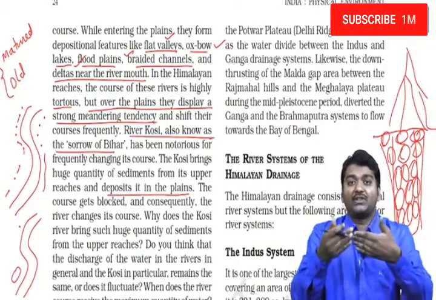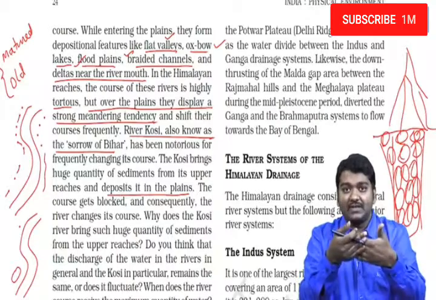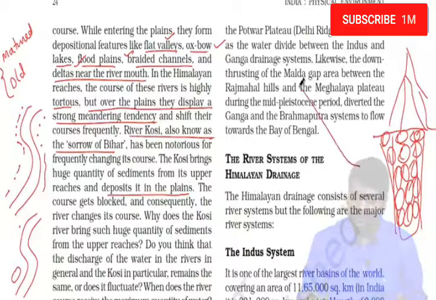But because of upheaval of Himalayas thrice, usually we observe Indus started moving westwards, Brahmaputra started moving eastwards, and Ganga started moving southwards. This is because of uplift.